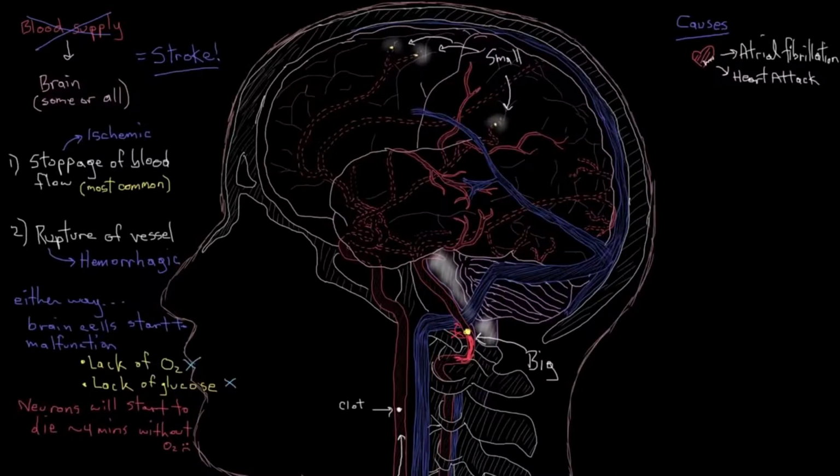Another really common cause actually is something called atherosclerosis, or a build-up of this fatty cholesterol plaque in the walls of your arteries. So let's say that you got some cholesterol building up in the walls of the artery here, in the internal carotid.